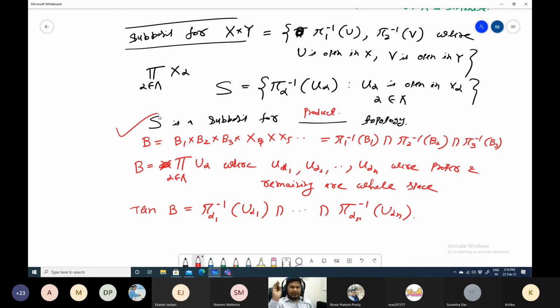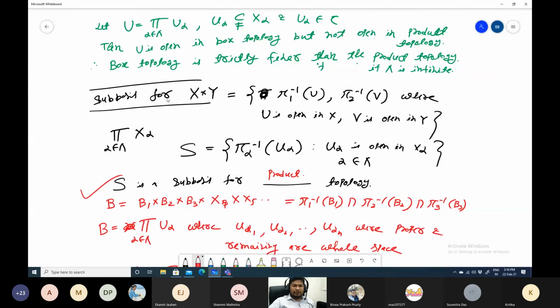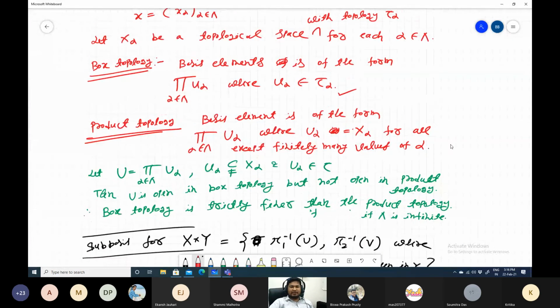Okay, that is the reason this is very important. So if you generalize X cross Y in terms of this subbasis, then product topology will be your generalization. And if you want to generalize the product in terms of the topology, then box topology will be the generalization. So this way they are different.